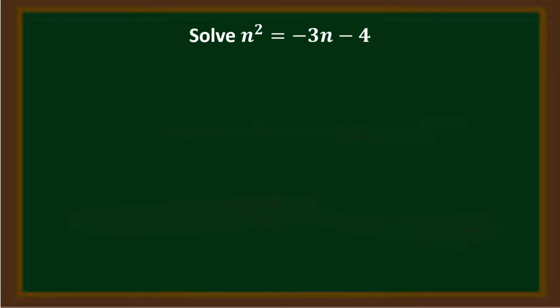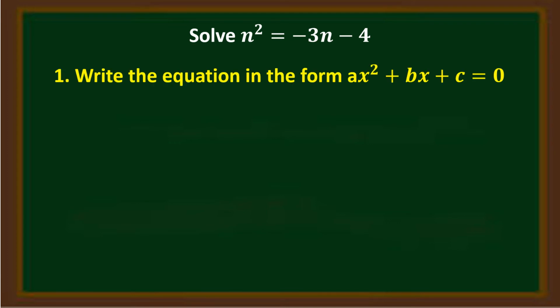Our first example is n squared is equal to negative 3n minus 4. First is to write the given equation in the form ax squared plus bx plus c is equal to 0. To do that, we have to add the additive inverses of negative 3n and negative 4 to both sides of the equation.